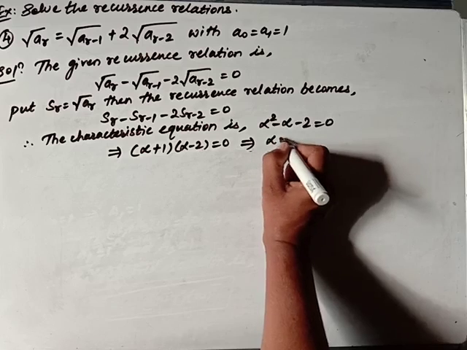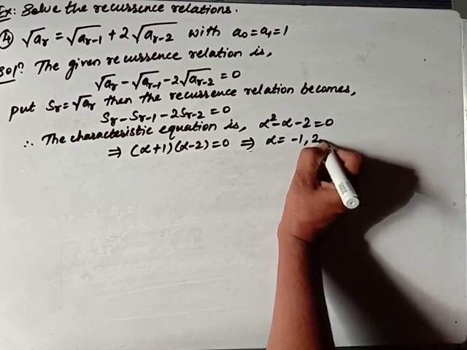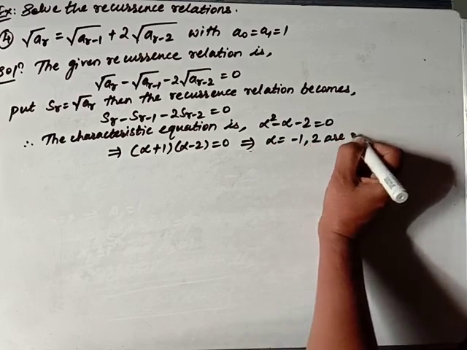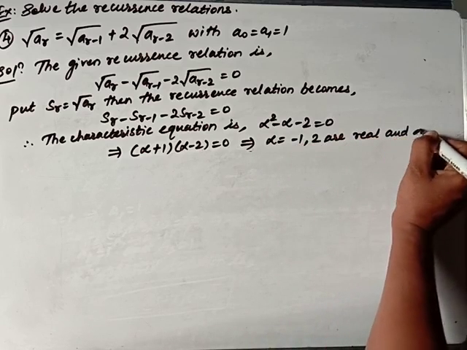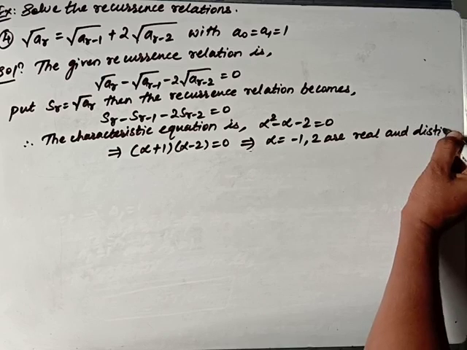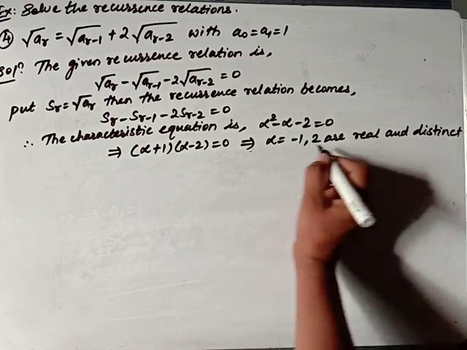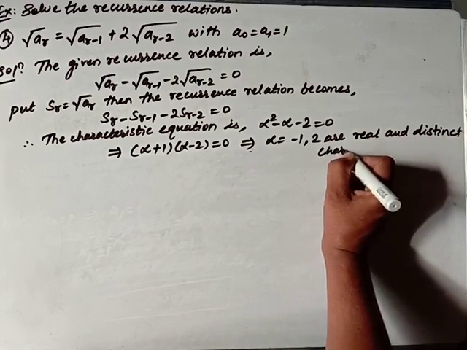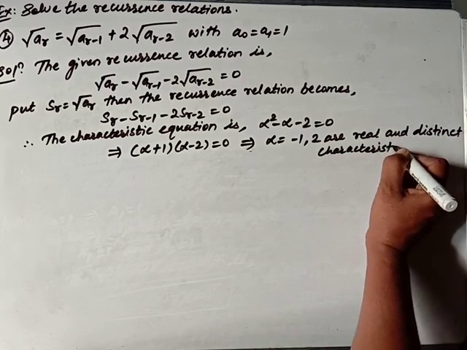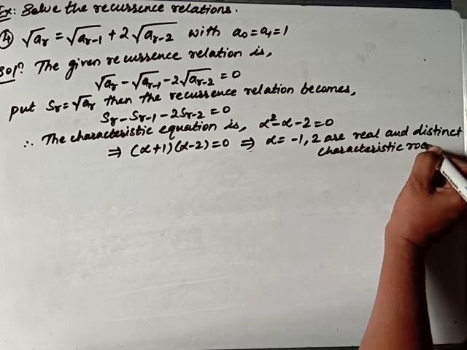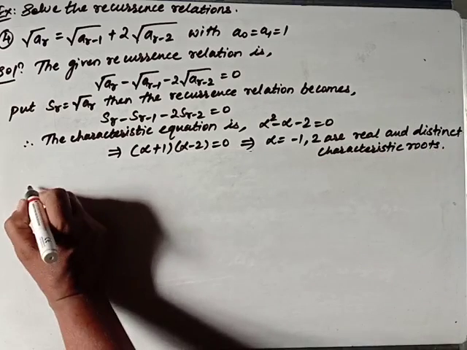That is alpha equal to minus 1 and 2, real and distinct characteristic roots.